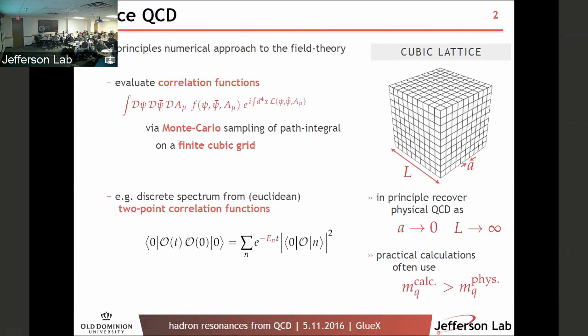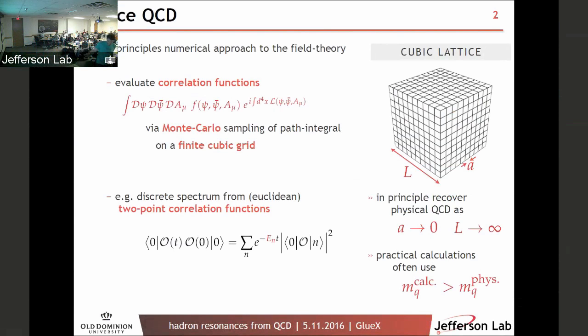The lattice approach is to say, you can't evaluate these path integrals exactly, but instead take the fields and say they only exist on the sites of a grid. You have a grid with some spacing a, and a box of some finite size. Now your fields take values only at the various sites on this grid.